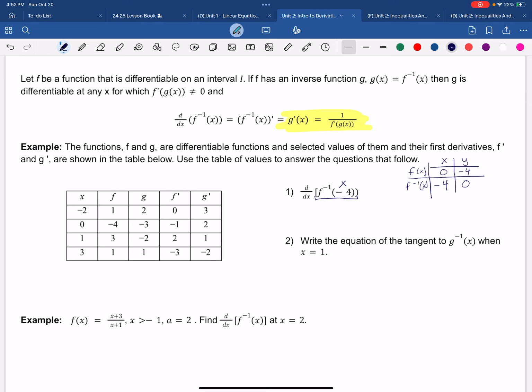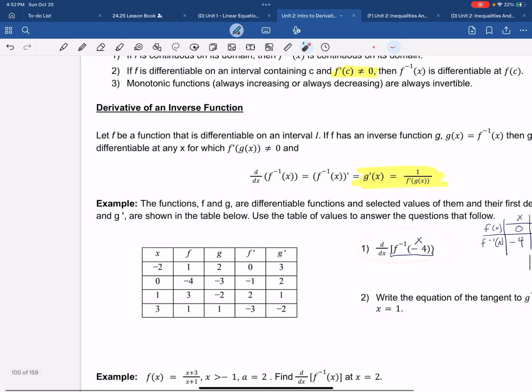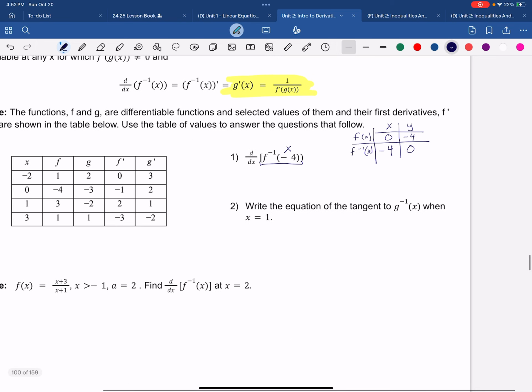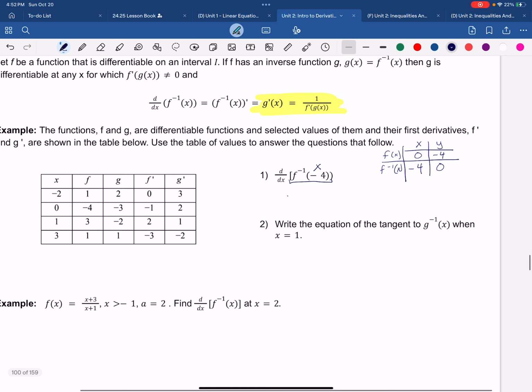All right, so now what my rule says is that this derivative of my inverse function at -4, oopsie, sorry about that, is going to be equal to the reciprocal, so 1 over the derivative of my original function at its x value, which happens to be the output. Oops, sorry, I wrote x and not 0.